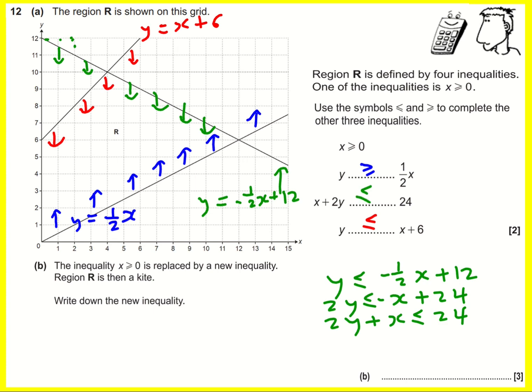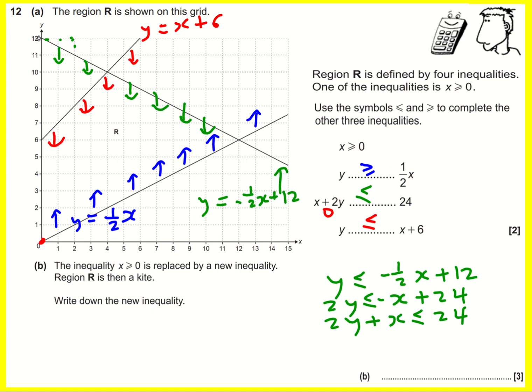Just for info, another way you could have done this question is actually to try a point out. So maybe if I picked the origin 0, 0 and put in x is 0 and y is 0, I would get 0 is less than or equal to 24, and I would see that yes, it is below the line, so that's okay.